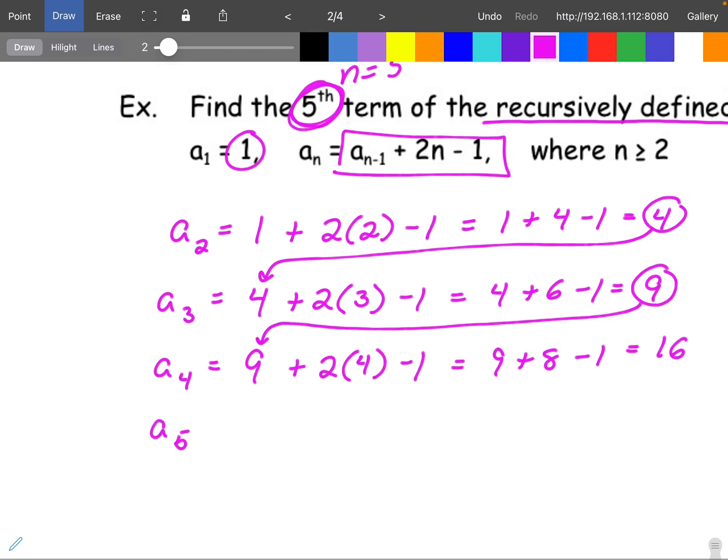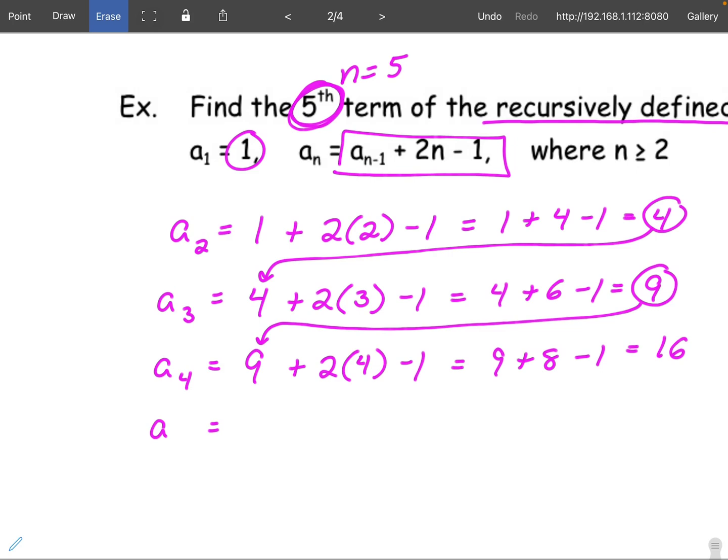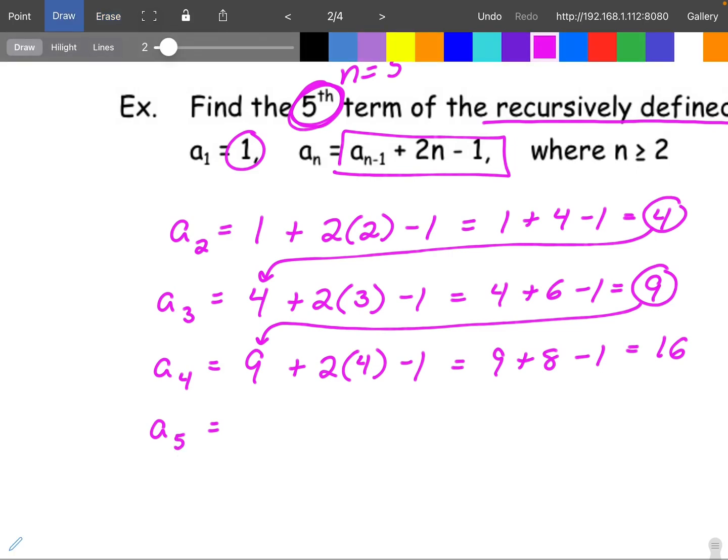Remember, we're trying to get to the fifth term. So we're ready finally. So a sub 5, that's our fifth term. Okay, so for the fifth term, that means that this first number needs to be the previous term, a sub n minus 1.